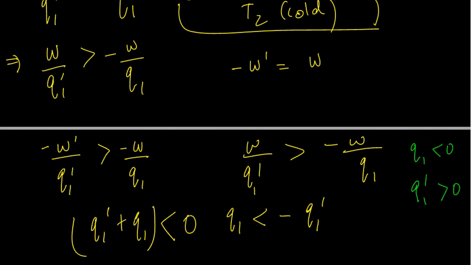It's okay. So I cancel W and the minus sign stays. I take Q1 on the other side and Q1 prime on the other side.